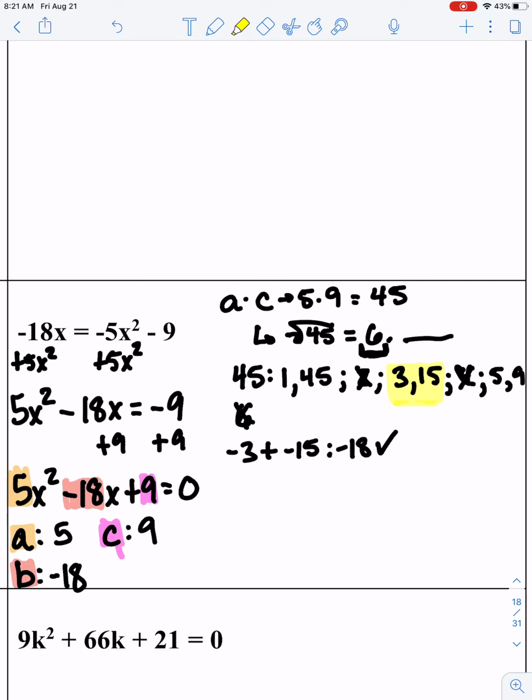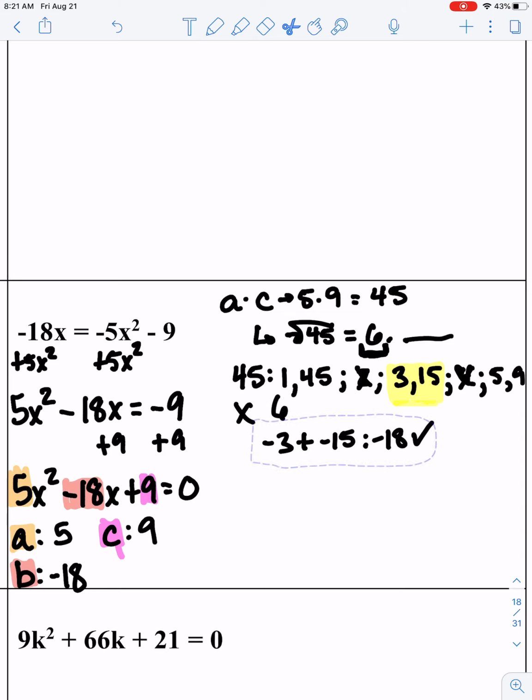Both of them can be negative, both of them can be positive. Sometimes the left wants to be positive and the right negative. Sometimes the right wants to be positive and the left one negative. It's going to vary depending on the particular quadratic.